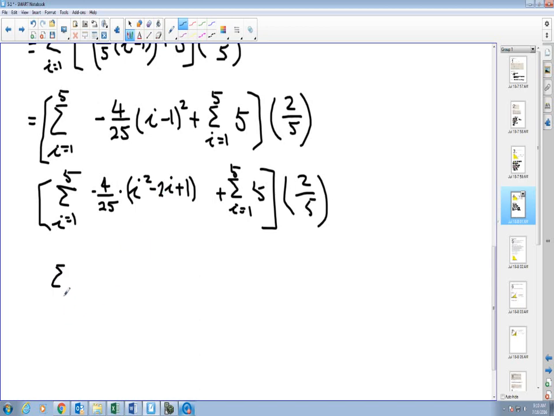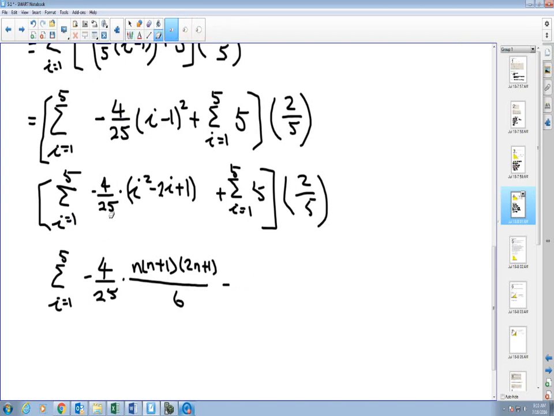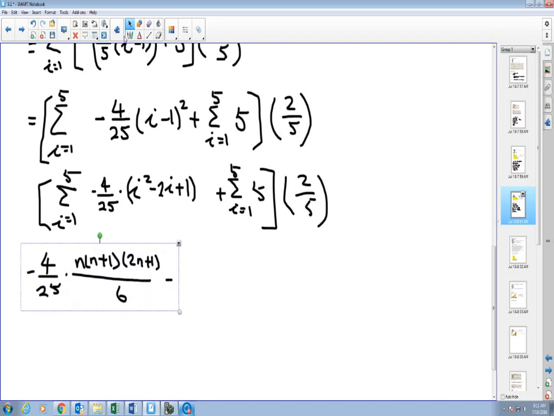So there will be the sum of i equal to 1 through 5 of negative 4/25 times i squared, and the sum of i squared becomes n times n plus 1 times 2n plus 1 over 6, minus... if I'm going to open up this i squared, I don't need this summation anymore. I'm going to move these over.